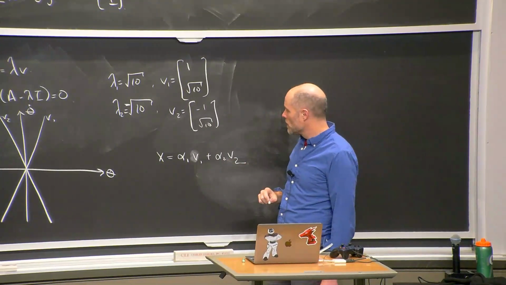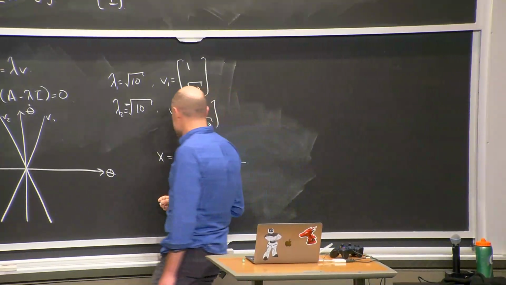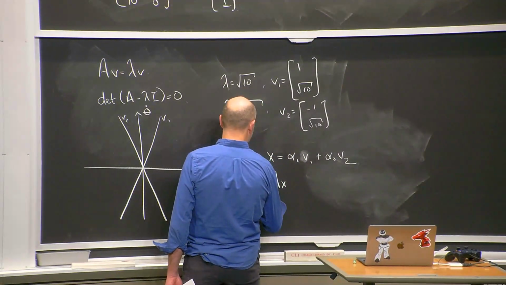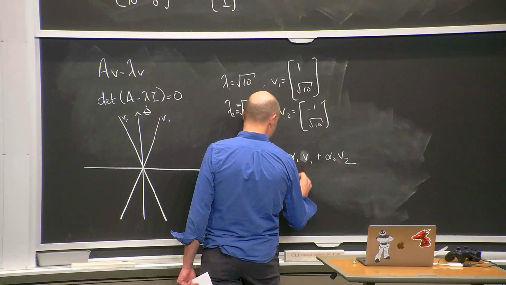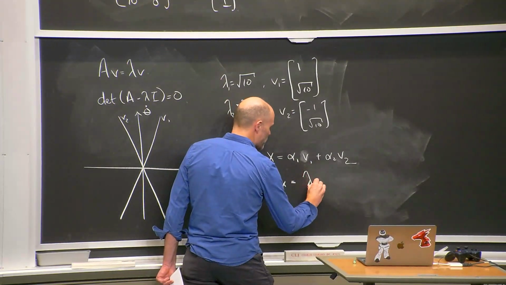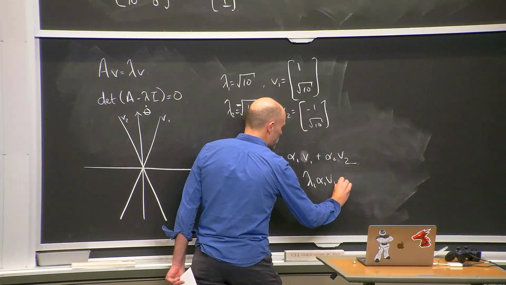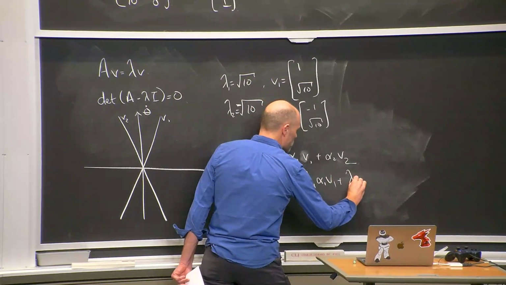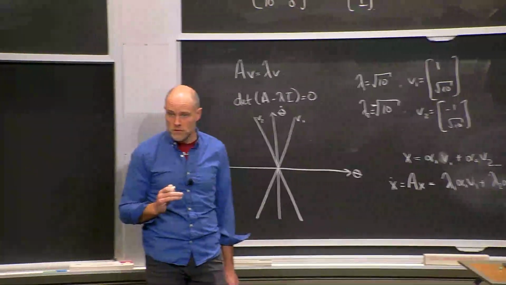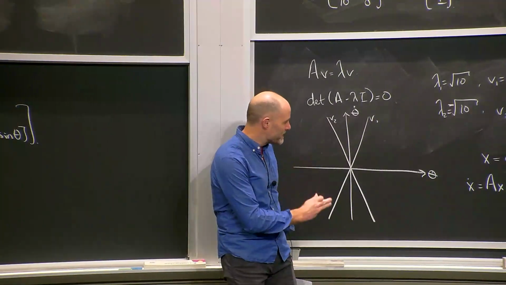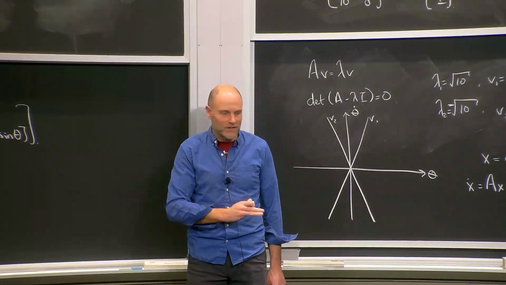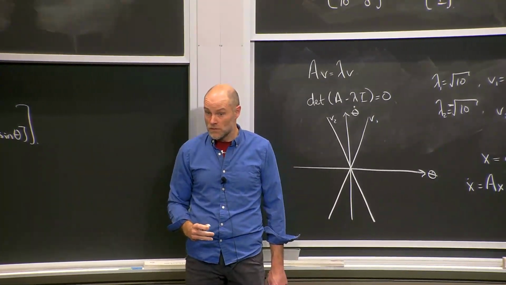And the cool thing about this is that if I have x dot equals Ax, since this thing is additive, that's equivalent to lambda 1 alpha 1 V1 plus lambda 2 alpha 2 V2. In the eigenbasis, figuring out the derivatives is just using the eigenvalues.